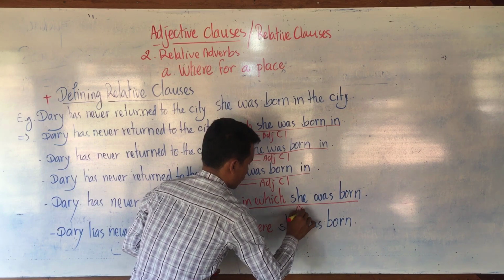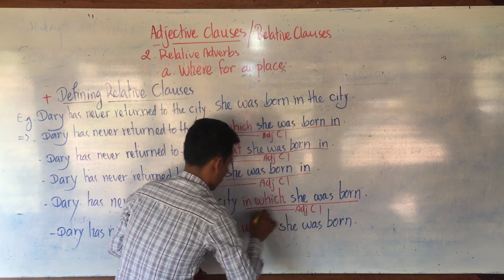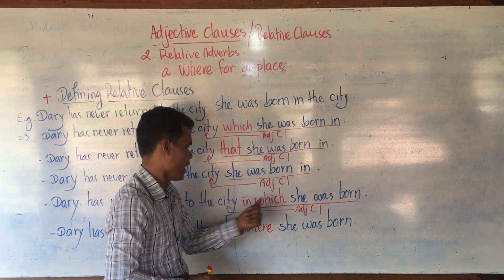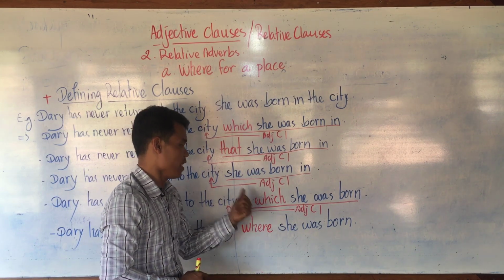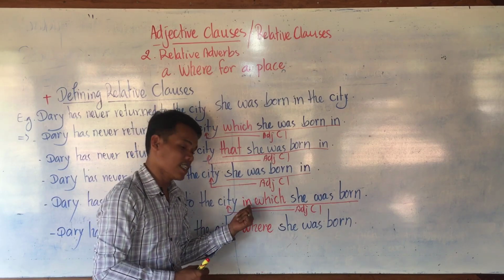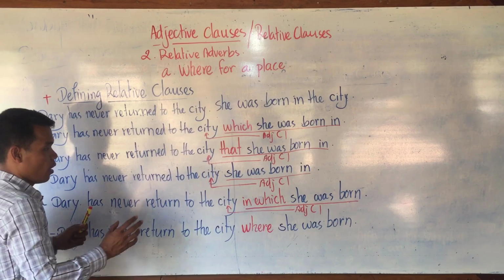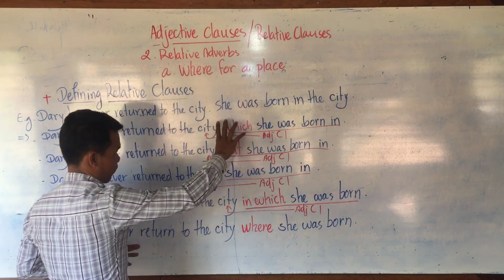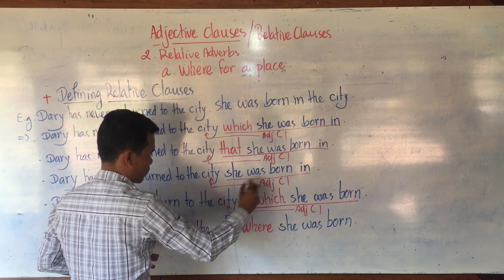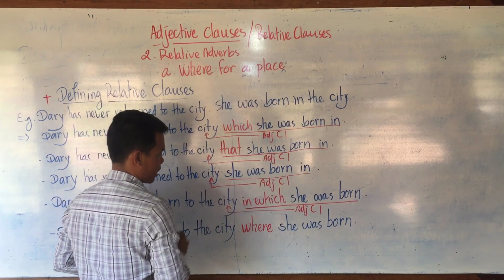So the adjective clause is in which she was born here. So can I write in that? No, because that cannot be used as object of preposition in such a position. Right, we can write four ways: which, that, without which or that, and preposition in front of the relative pronoun like this.